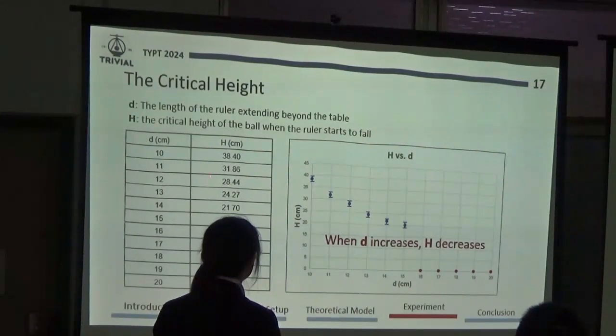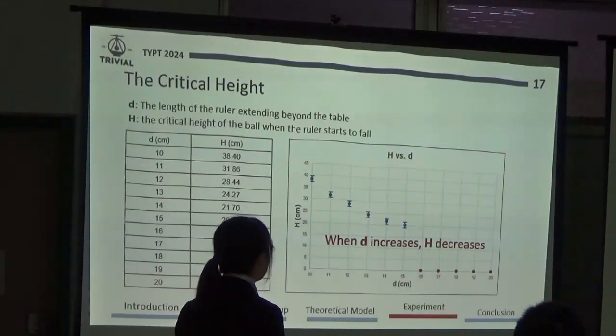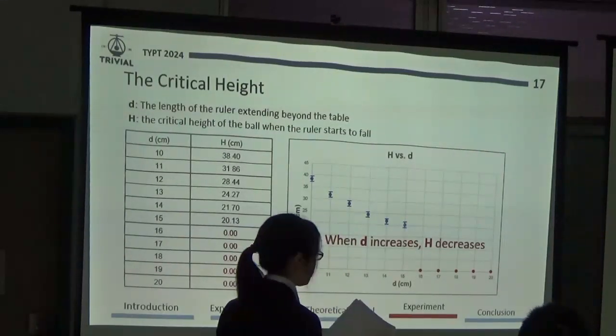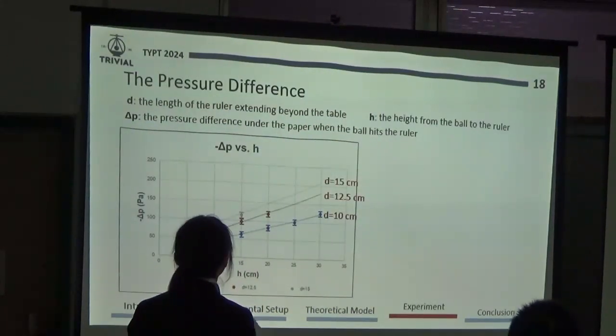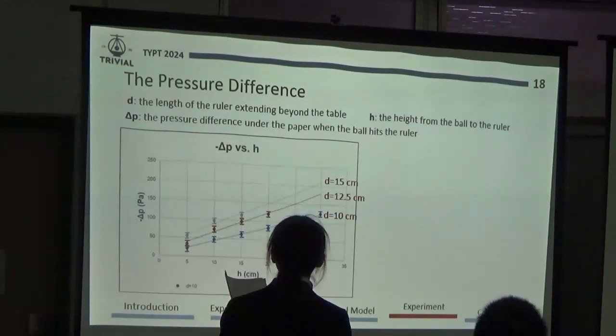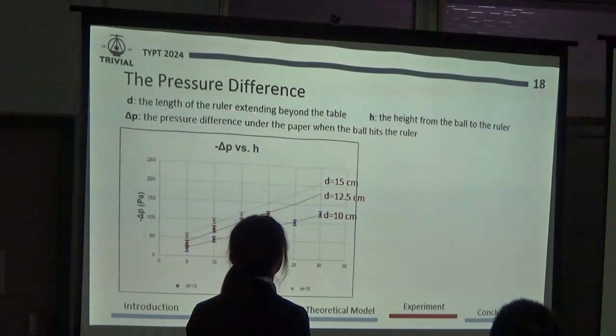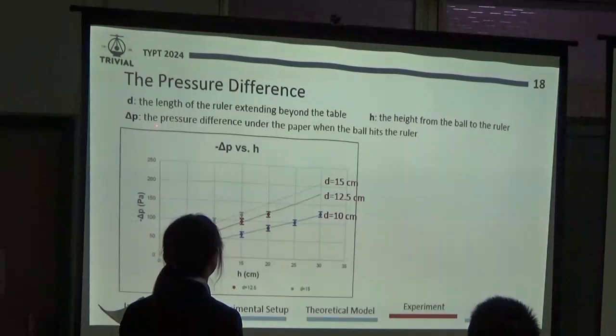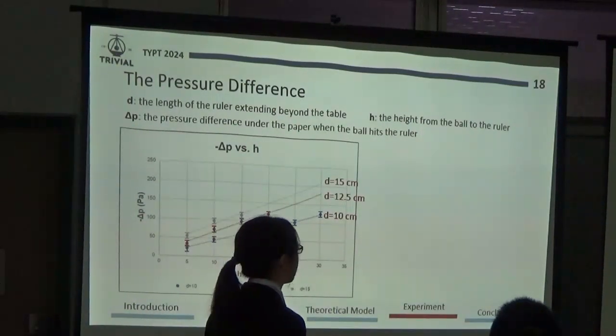And now we can use this table to get this scatter diagram. So again, we can see when D increases, H decreases. Okay, so over here, in this diagram, you can see the relationship between D, the length of the ruler extending beyond the table, H, the height from the ball to the ruler, and delta P, which is the pressure difference under the paper when the ball hits the ruler.